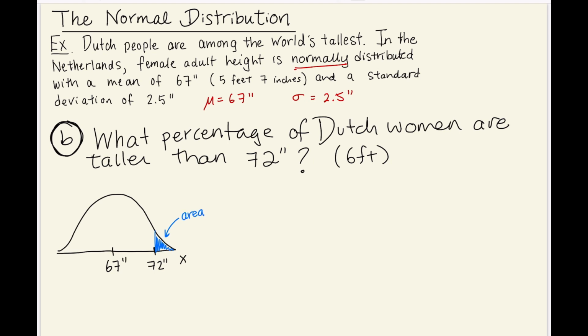Okay. So let's get started. So we are looking for the probability that a height is greater than or equal to 72 inches. Again, this is a non-standard normal distribution, so I will be converting to the z-score so that I can use the table. So what is that z-score?